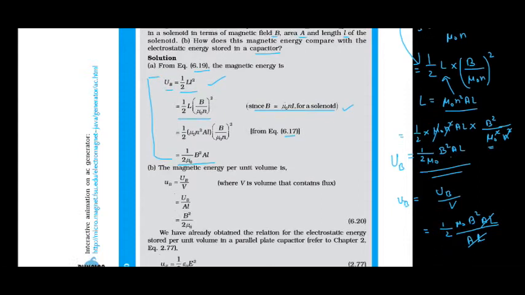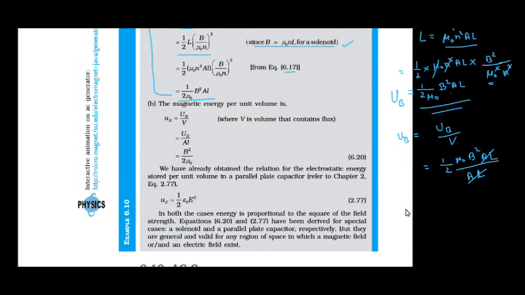So energy per unit volume, small u_B, will be equal to B square upon 2 mu naught.